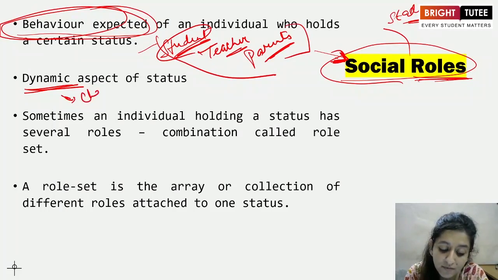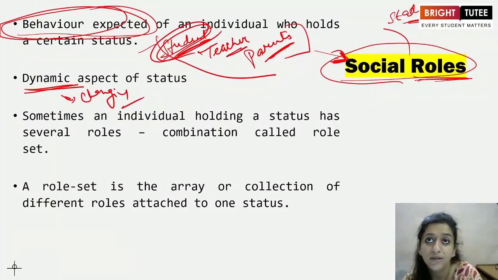It is pretty much changing. As a student, when you are in grade 1, 2, 3, 4, 5, and when you reach grade 11 and 12, the social roles and the behavior expected out of you change, and that is what makes it a dynamic aspect of status.